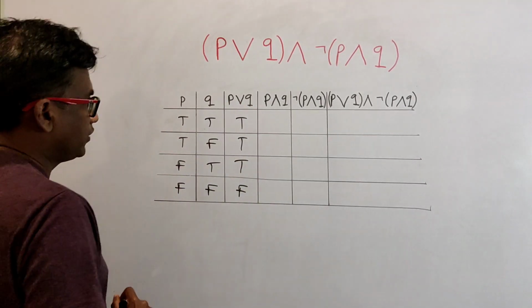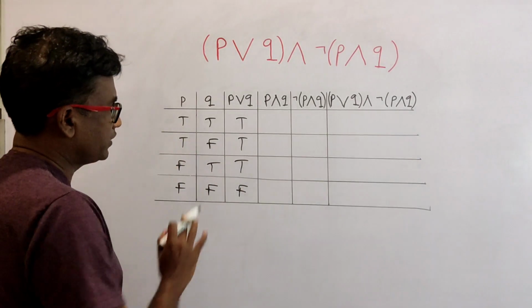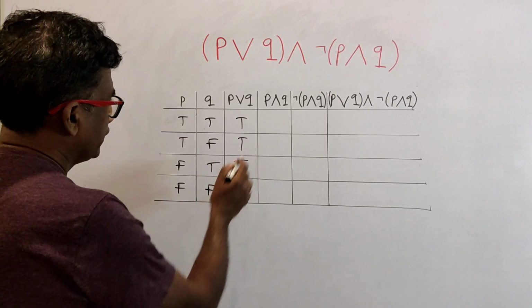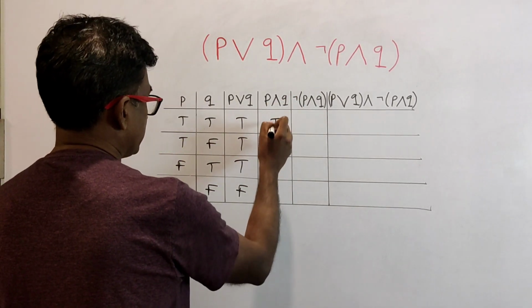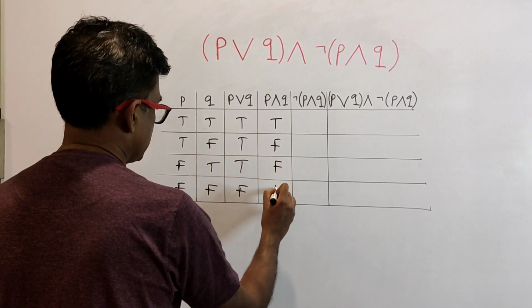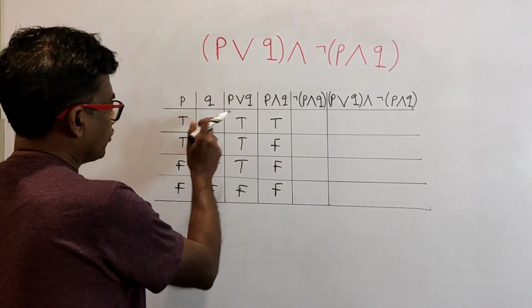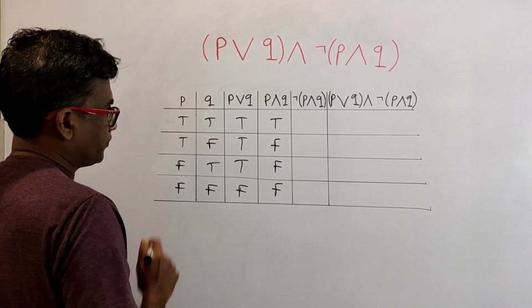For P or Q to be true, if the truth value of one atomic proposition is true, that is enough. Then comes P and Q, which is going to be true only in this instance. In all these instances it's going to be false. Why? For P and Q to be true, both got to be true.